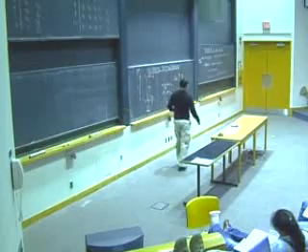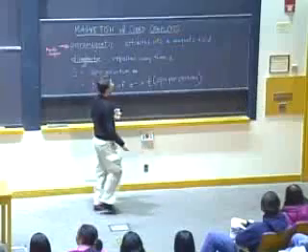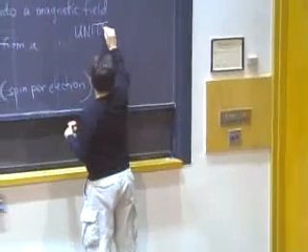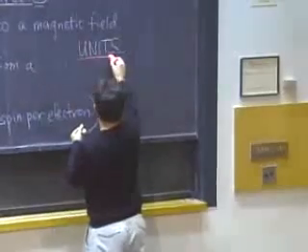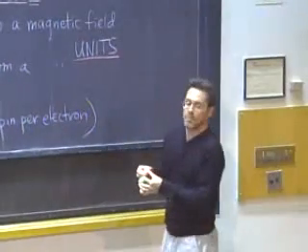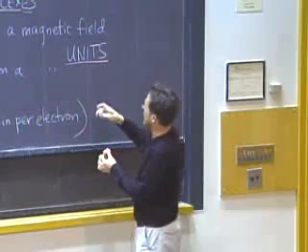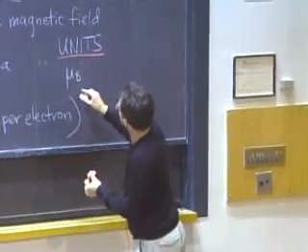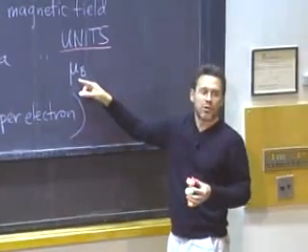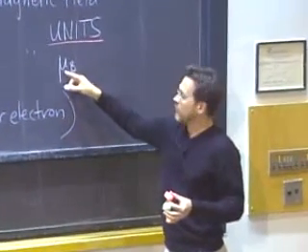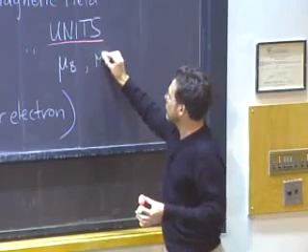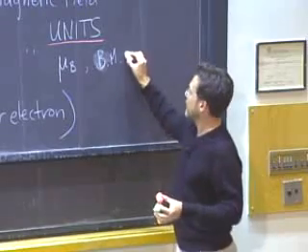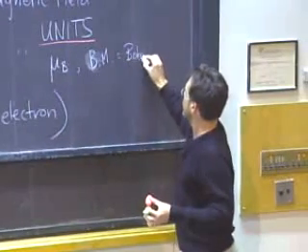Let me mention one more thing back here, and that would be the units. When we talk about magnetism, we're going to be using units of the Bohr magneton. It's sometimes written as mu sub B. It's also sometimes written as capital B, capital M. Okay, that's the Bohr magneton.